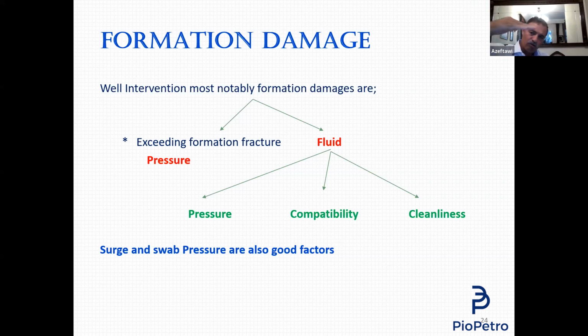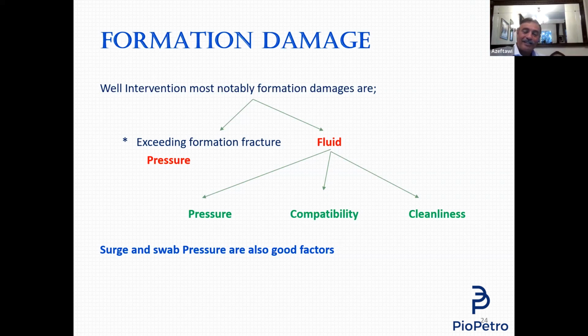You go from 0 to 1,000, then from 1,000 to 1,500, then to 2,000, slowly and in stages. When you bleed down pressure, slowly and in stages. You cannot bleed down from 3,000 psi to 0 in no time. Slowly and in stages. Of course, each piece of information I give you, we can talk about 1 hour. But of course, I'm limited with the time.